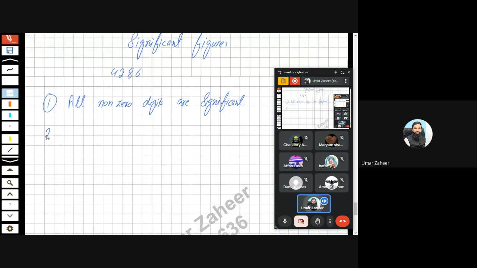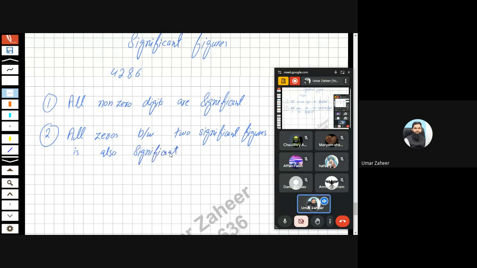That is the first rule. The second rule is all zeros between two significant figures are also significant.